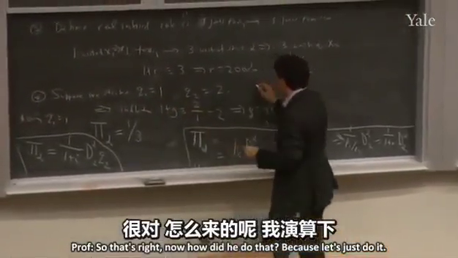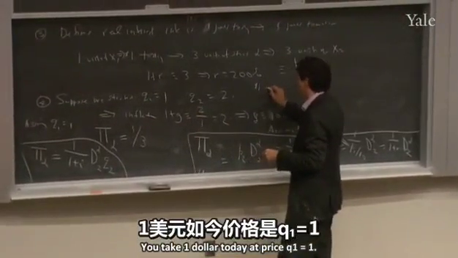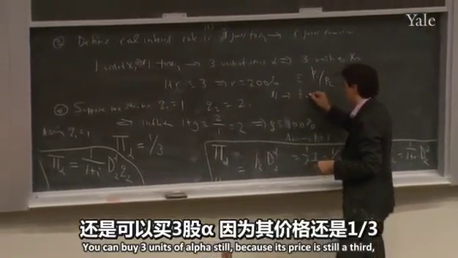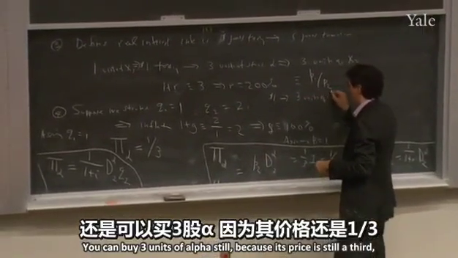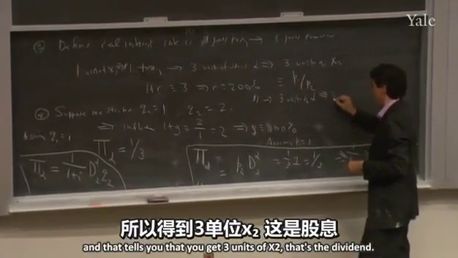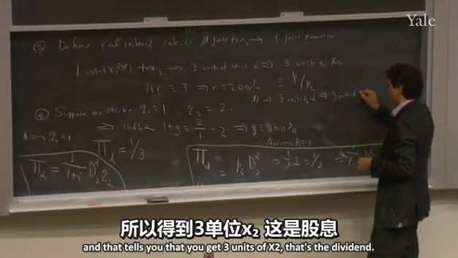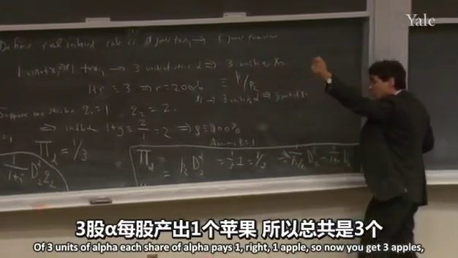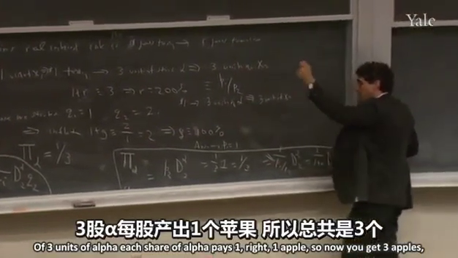Let's just do it. You take $1 today. At price Q1 equals 1, you can buy 3 units of alpha still, because its price is still a third. And that tells you that you get 3 units of X2. That's the dividend of 3 units of alpha. Each share of alpha pays one apple.